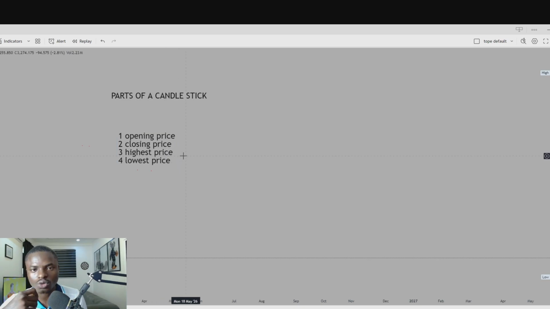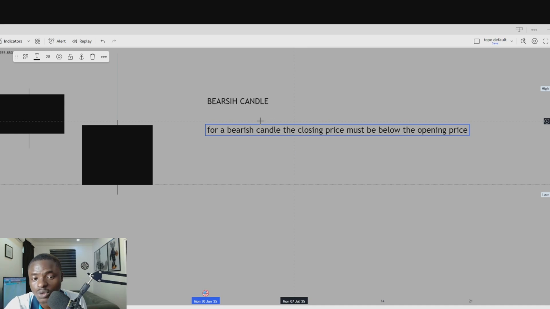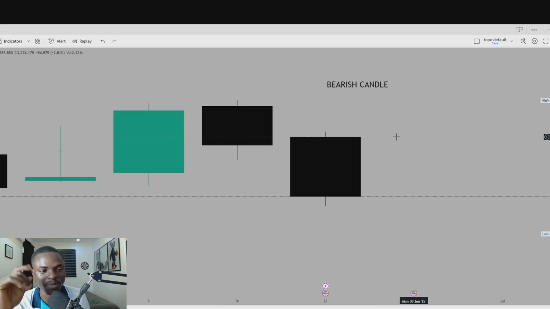So let me show you the selling candle. For the selling candle, the opening price needs to be above the closing price. Whenever you see a candle open, if it's going to be a selling candle, the closing price of that candle needs to be below the open of that candle. Let me show you an example of what I'm talking about. This is the bearish candle, and you can also call it the selling candle.